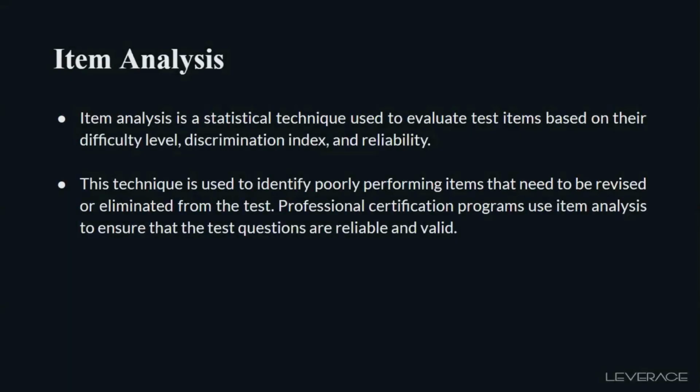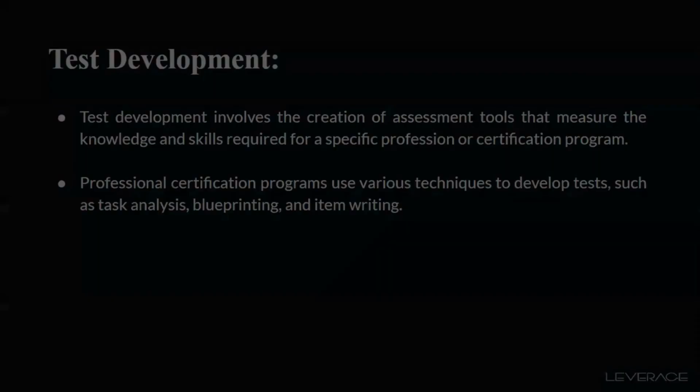So these are some of the things to take note of. Task analysis I already started explaining. Sorry, the statistical technique used to evaluate test items is item analysis. The other one I mentioned earlier is task analysis.